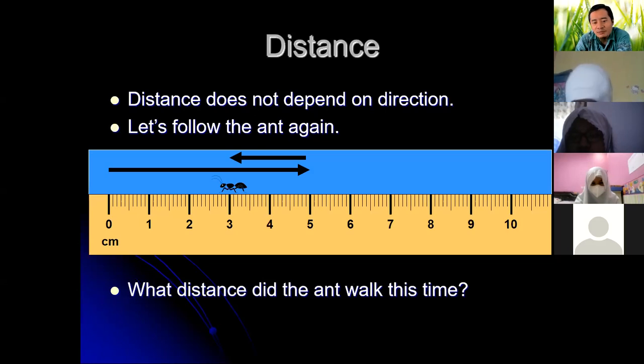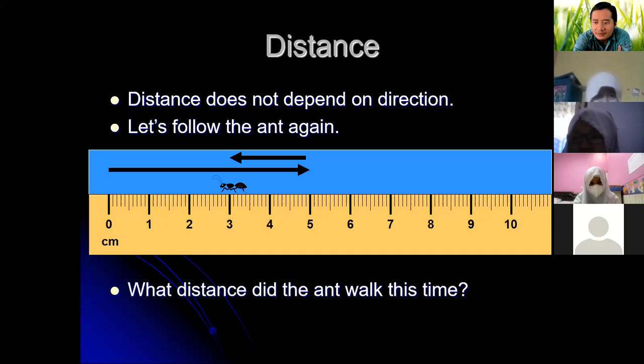What distance did the ant walk this time? 5 or 3 or 7? Based on your opinion. Yes? 5 to 3, turning back. So the distance is 3. Okay, it's okay.